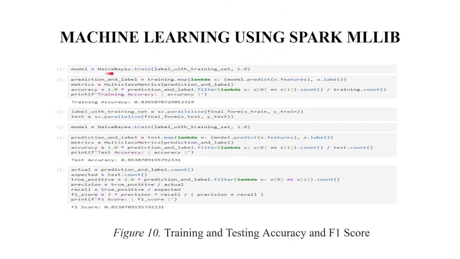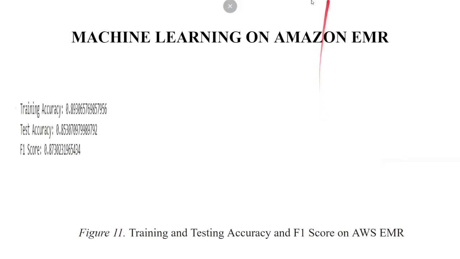In this case I used naive Bayes for our model training. The last part was we had to make an S3 instance, put all our dataset on S3, and make an Amazon EMR and do it on cloud.